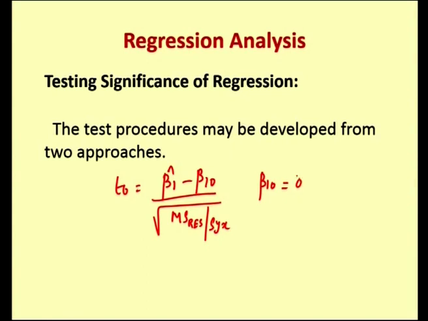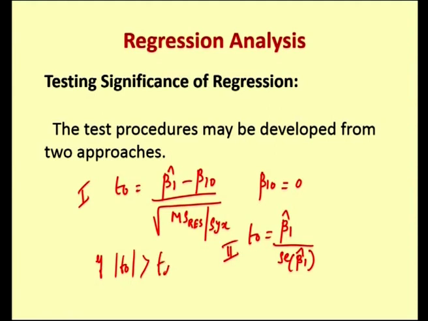In the second approach, we can use the test statistic t naught is equal to beta 1 cap divided by the standard error of beta 1 cap, and the hypothesis of significance of regression would be rejected by the same argument, that is, if modulus of t naught is greater than t alpha by 2 for n minus 2 degrees of freedom.